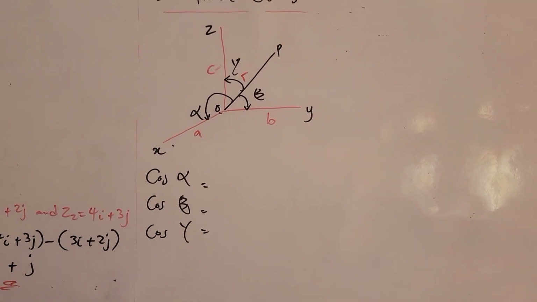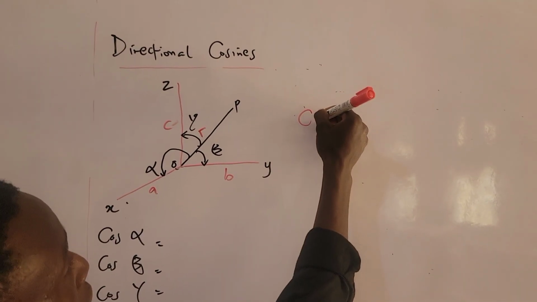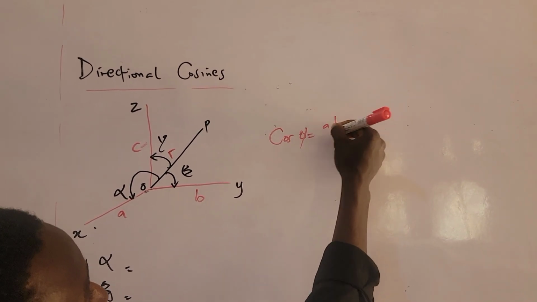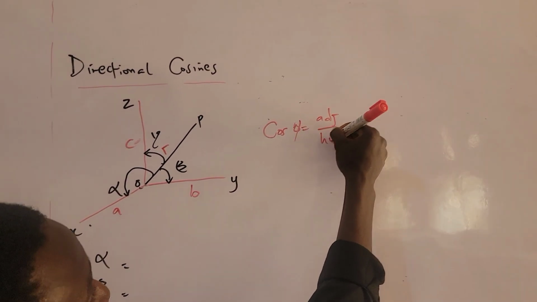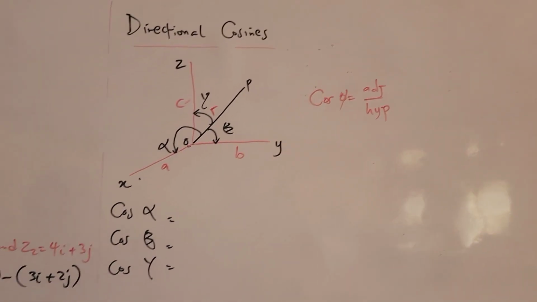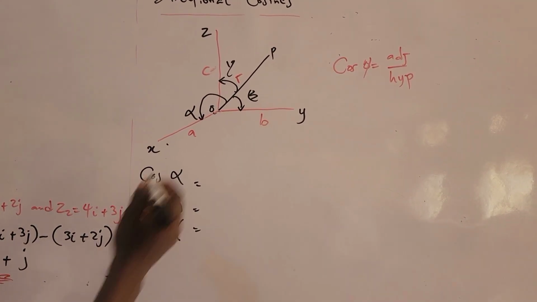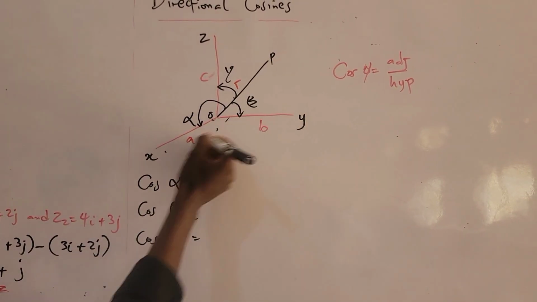Now what is the formula for cos? Back in our trigonometry, we know that cos theta is adjacent over hypotenuse. So you can now take each of those components. You can see this OP and OX.